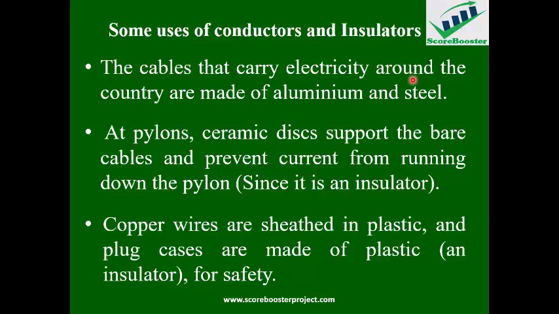If there's no ceramic there, electrons that are passing on the wire will just go down through the pole to the ground, and people will get electric shocks all around. In order to forestall that, ceramics are used to prevent that current from escaping. This is because ceramic is an insulator. That is an application of insulators.